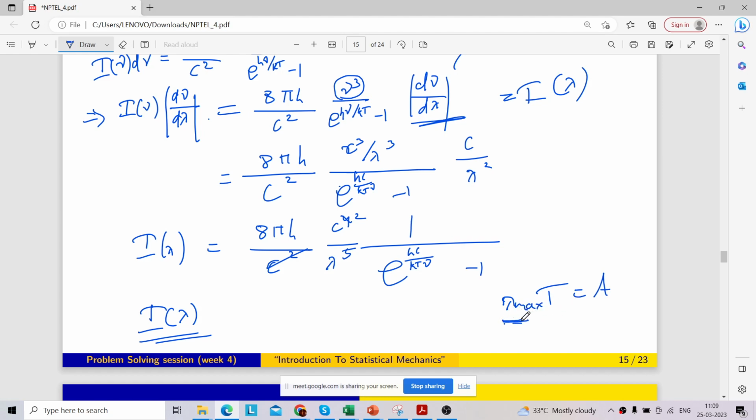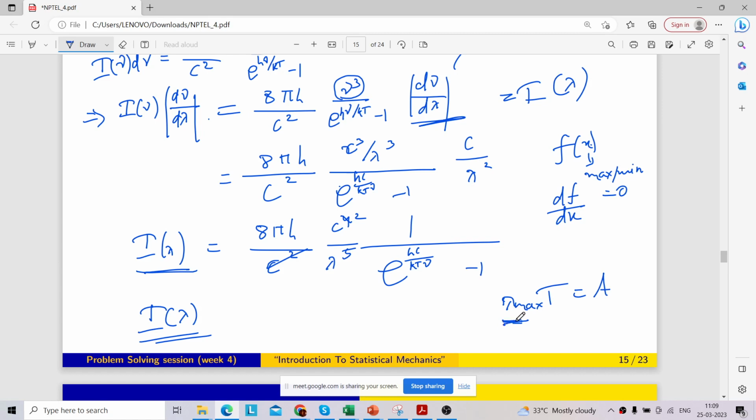So if lambda is maximum and we have a function in terms of lambda, what will happen at this lambda maximum point? Its derivative will go to 0, right? If we have some function in terms of x at a saddle point or at a maxima or minima of this function, we will have df over dx equal to 0.